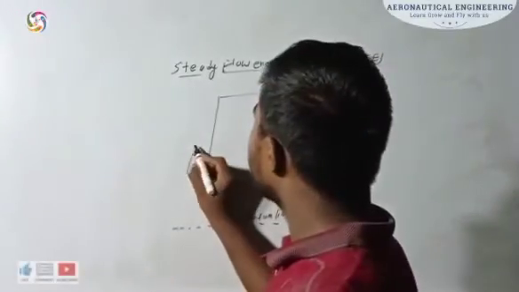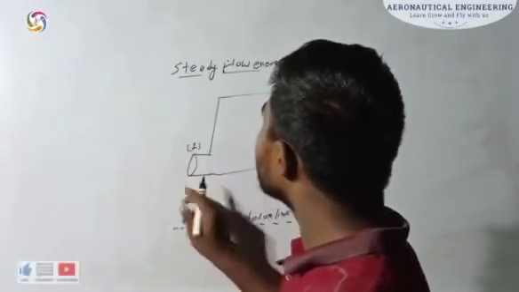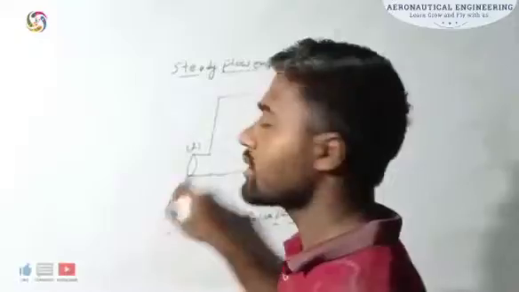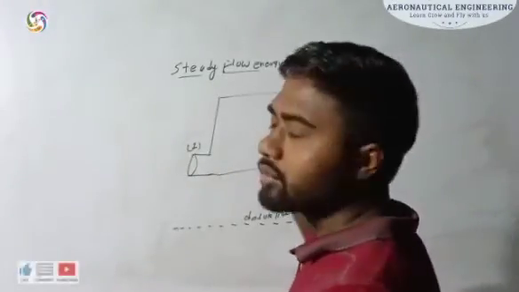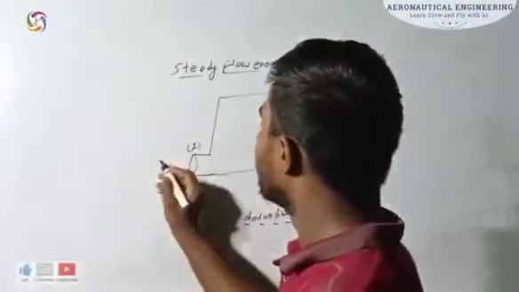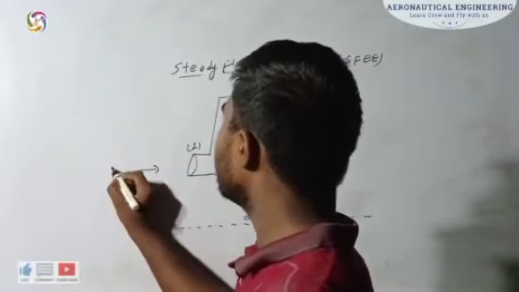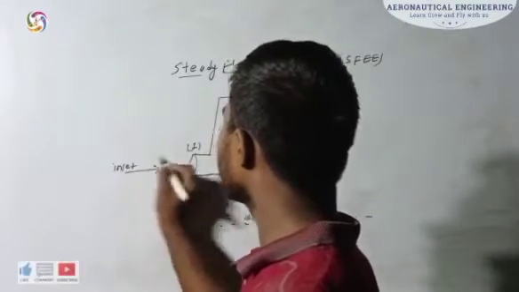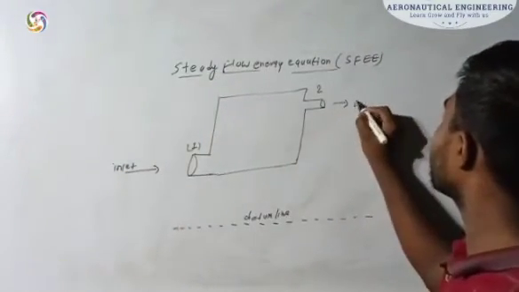I am taking suffix 1 to denote the inlet of the system and suffix 2 to denote the outlet of the system. So this one is the inlet of the system and this one is the outlet of the system.